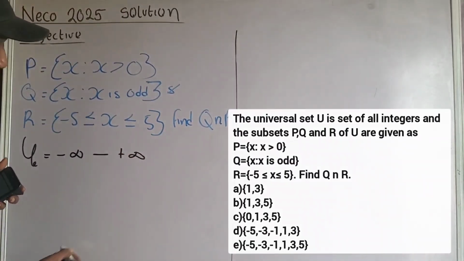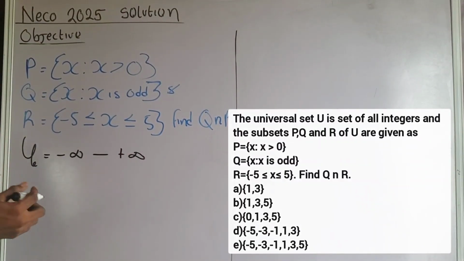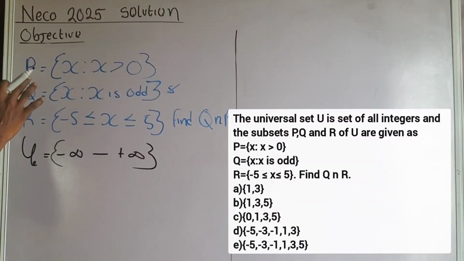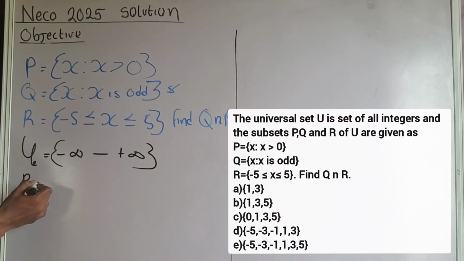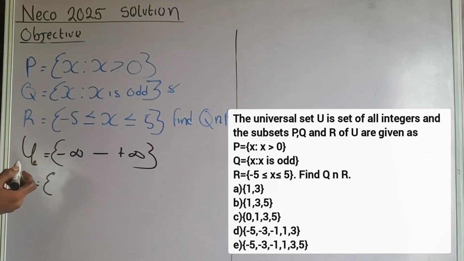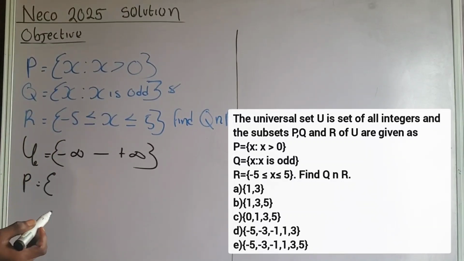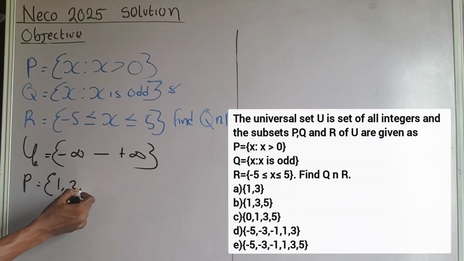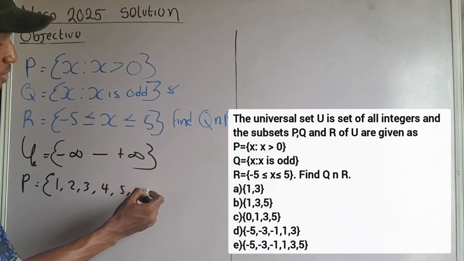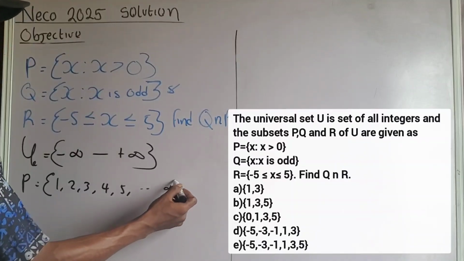Now, for P, x is greater than 0. So what are the numbers that are greater than 0? That is 1, 2, 3, 4, 5, to infinity. Are you getting what I'm trying to say?